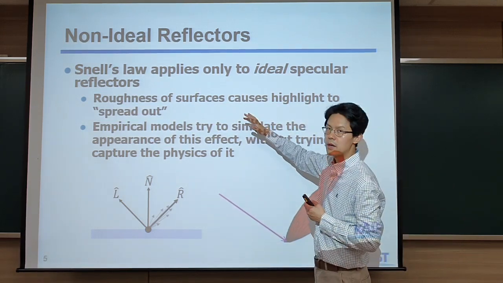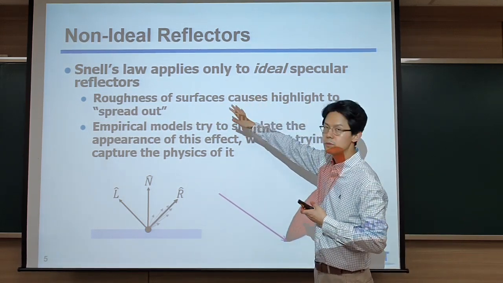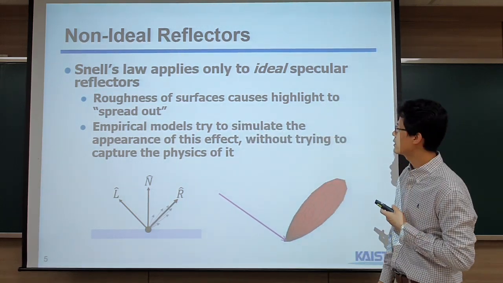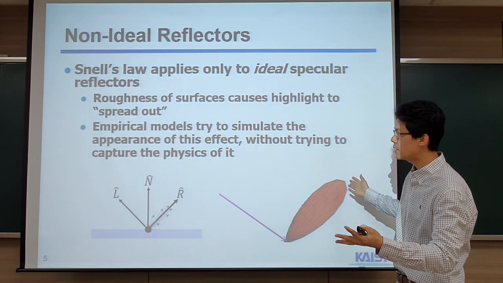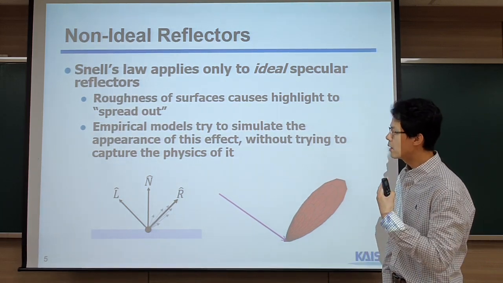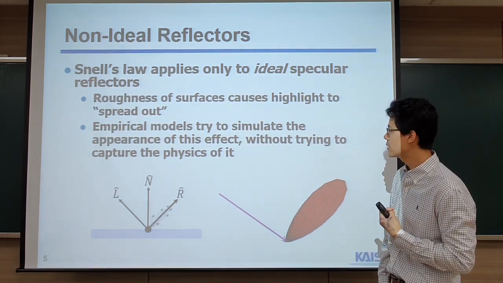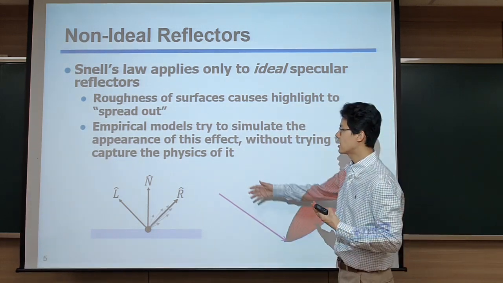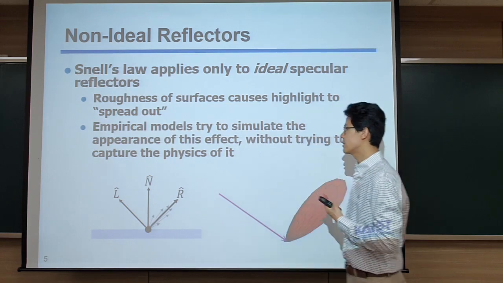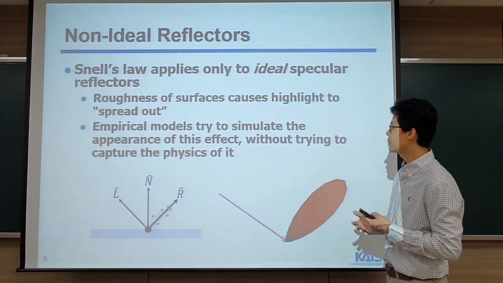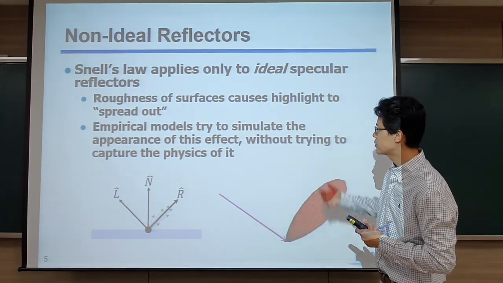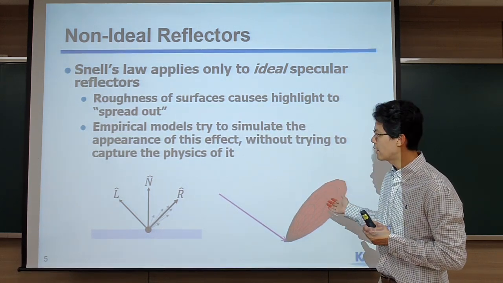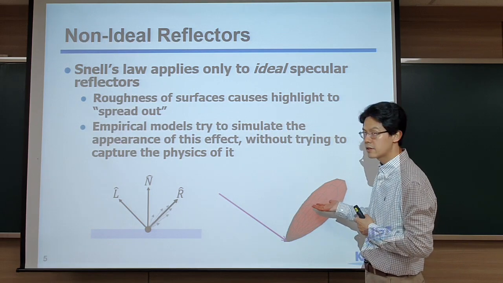Why do we get this kind of non-ideal reflection? Most materials have roughness, and this roughness of the surface causes the highlight to spread out. Since there are a lot of such objects in reality, the empirical model tries to simulate the appearance of this effect without trying to capture the real physics underlying this phenomenon.